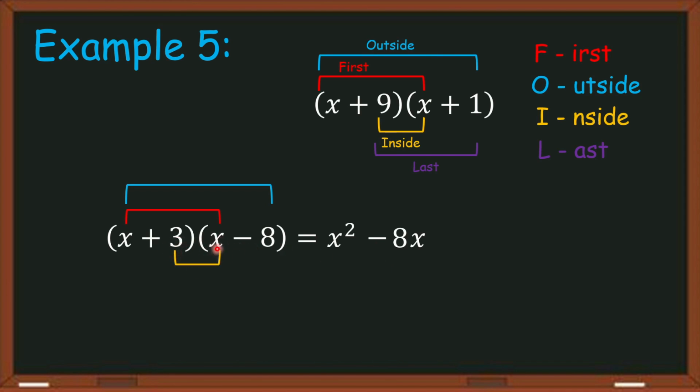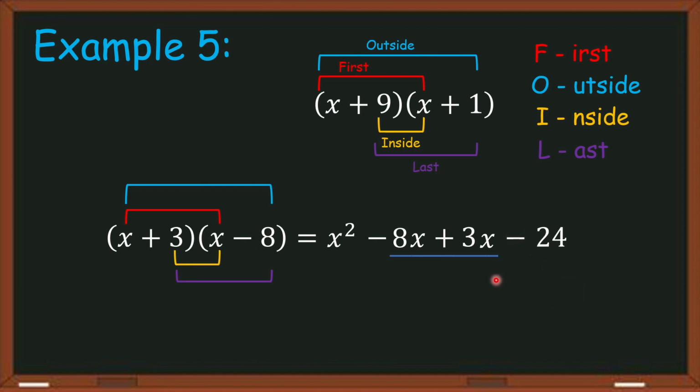So, 3 times x is equal to positive 3x. So, lagay lang natin dito, positive 3x. And then, multiply natin itong last. So, we have 3 times negative 8. The answer is negative 24. So, nagmultiply tayo ng magkaibang sign, isang positive at isang negative. Kaya, negative yung naging sagot natin.